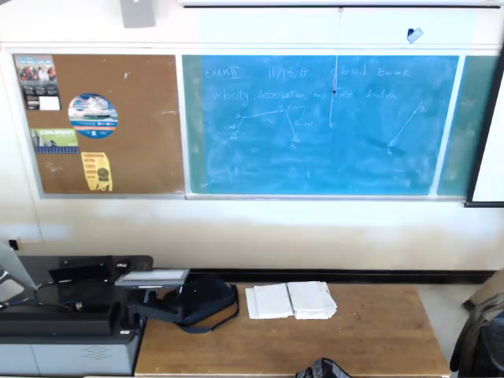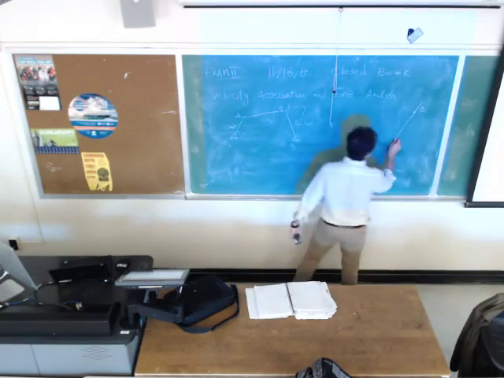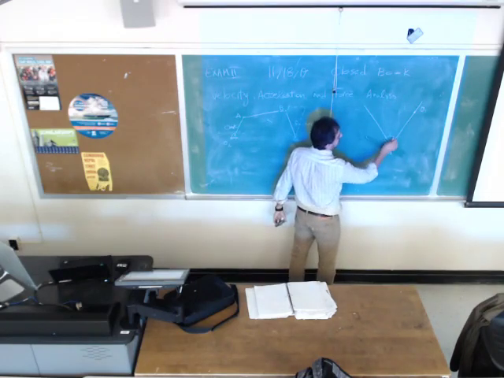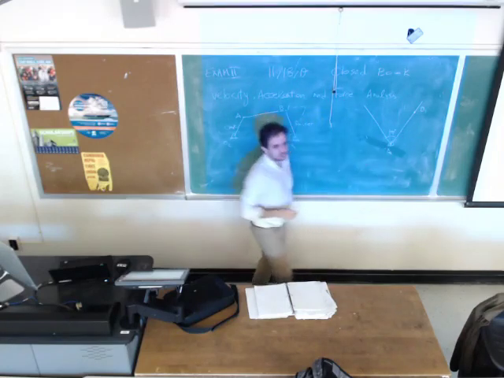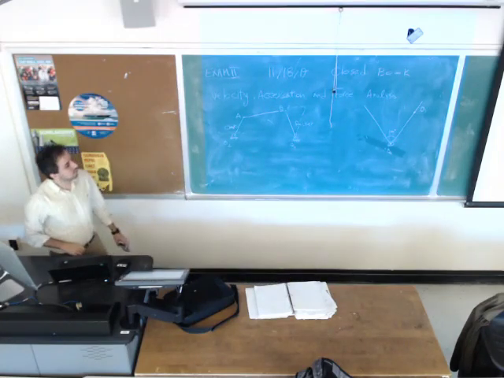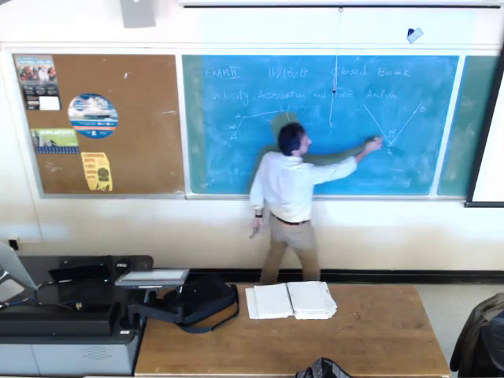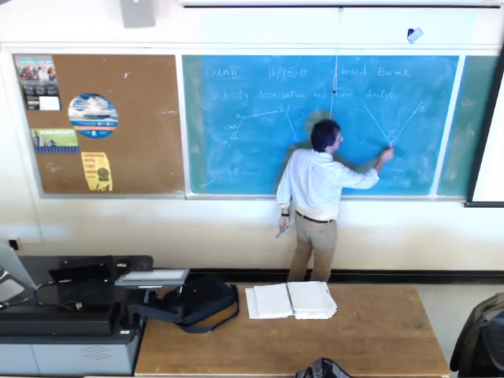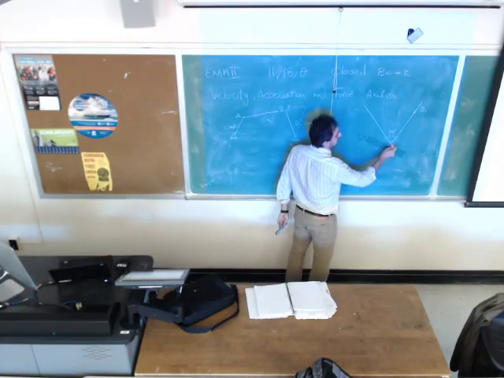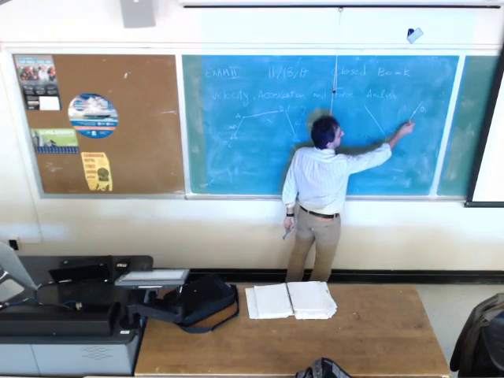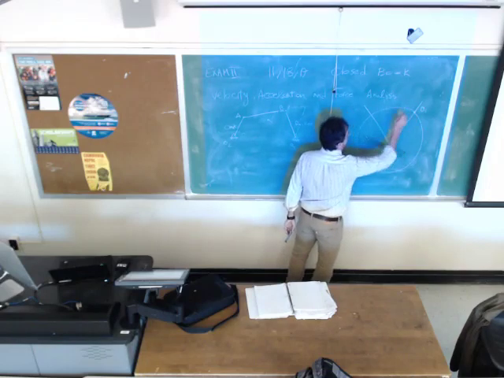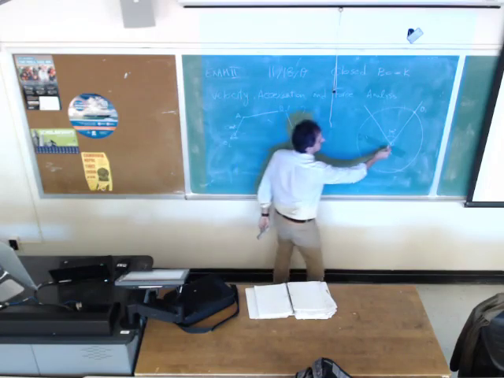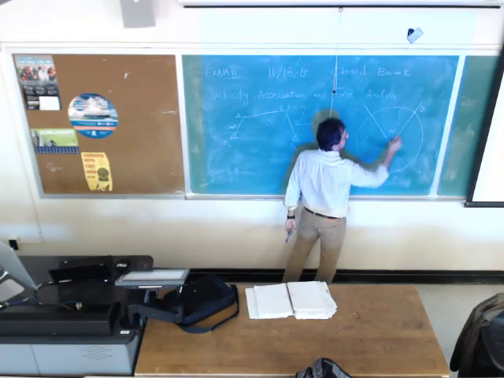Draw the second line with an angle of 45 degrees from this line. So if this is 45, draw this line with 45 degrees from the other line. Now draw a circle with this center and this radius of B1.